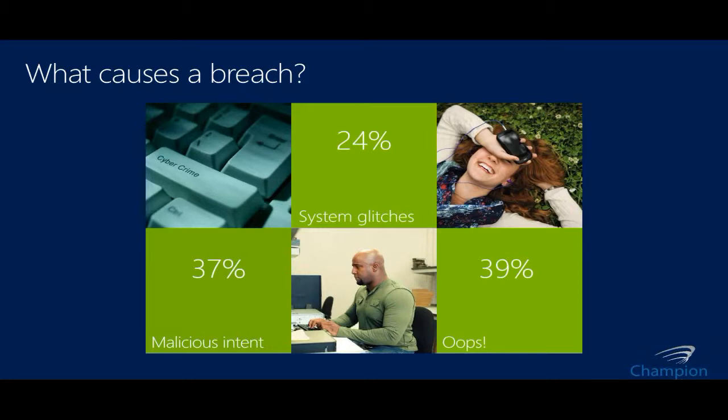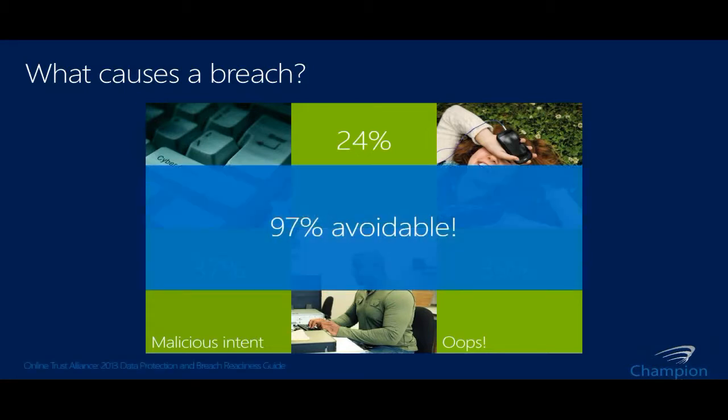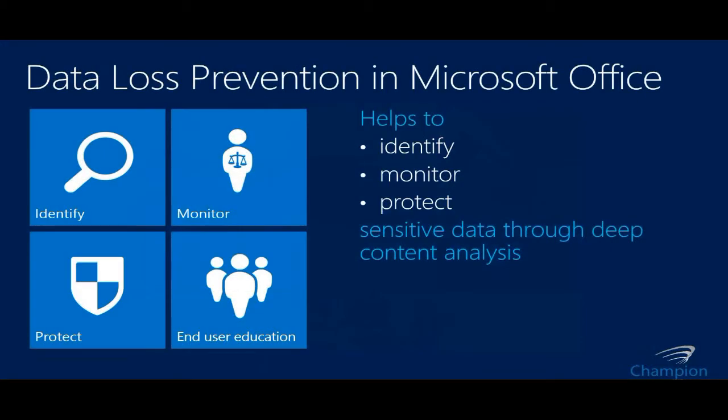But you'll find out that 97% of this is avoidable, and this is right from the Online Trust Alliance in 2013. So 97% of all of this information that's getting out can be protected.